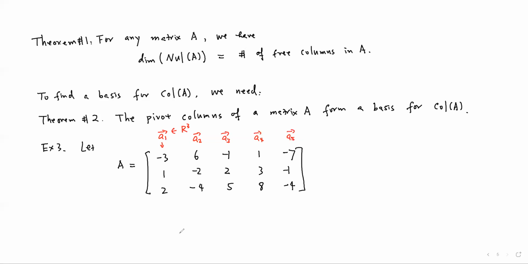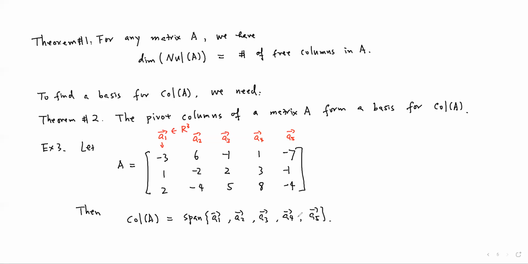Okay. Therefore, the column space of matrix A is the set spanned by the columns A1, A2, A3, A4, A5.